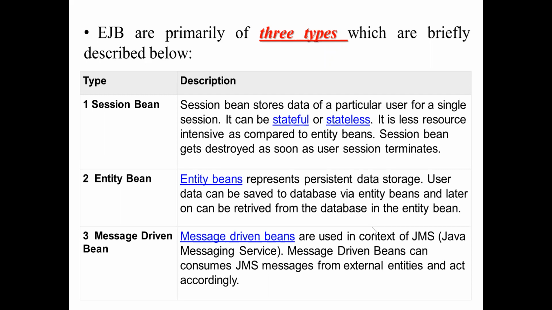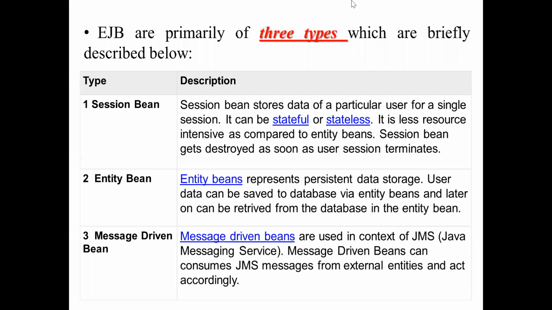So this is the usage of the entity bean. The entity bean is represented by persistency of the data. Once the user data is stored in the database via the entity bean, later we can retrieve the data from the entity bean.